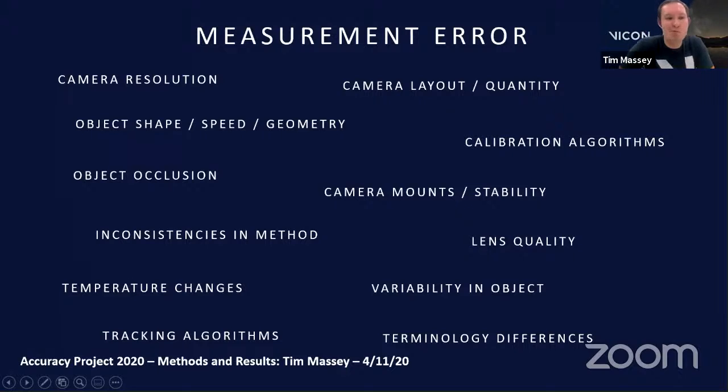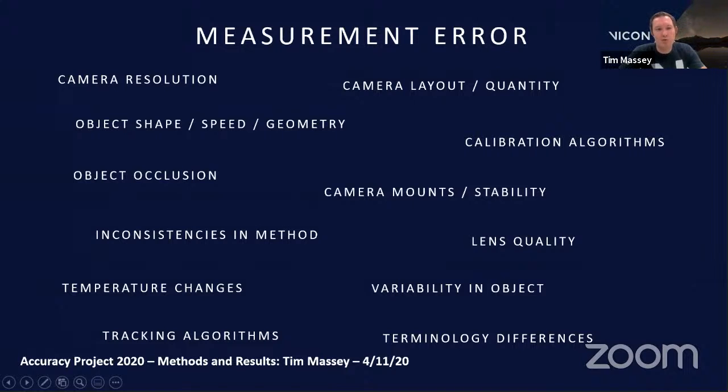Clearly, higher pixel density on the camera provides better data into that system and will have an impact, and that's well known. How good are the algorithms that do that tracking? How good are the calibration algorithms that interpret that data? But there's also some other variables as well that are not directly related to the system.